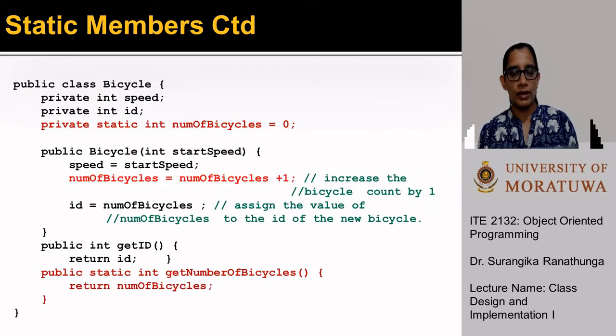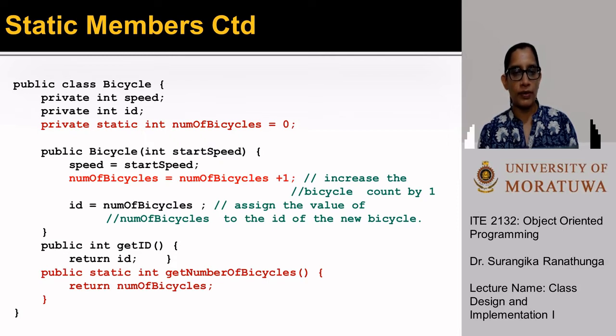A very common use of static members is to record the number of objects created. Now, in this example we are creating bicycle objects, and we want to keep track of the number of bicycles we have created. This number cannot change from bicycle object to object.